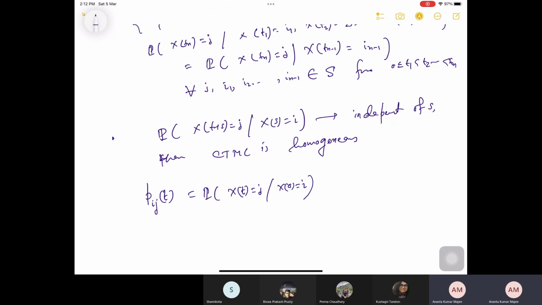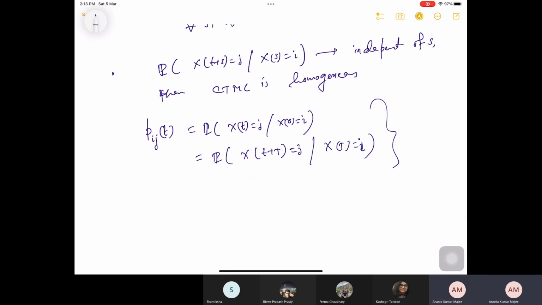That is my P_ij(t). For a homogeneous CTMC, I can write this as the probability of X of t plus capital T equal to j, given X of capital T equal to i. Basically it does not matter at what position I started, only the time difference, which is t. As in the DTMC case, we are also considering here the homogeneous continuous time Markov chain.